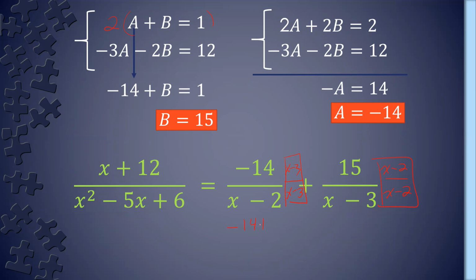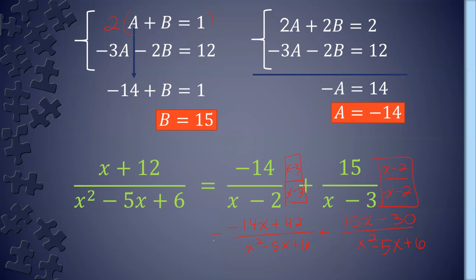Negative 14x plus 42 over x squared minus 5x plus 6, plus x squared minus 5x plus 6. And on the numerator here, I have 15x minus 30.